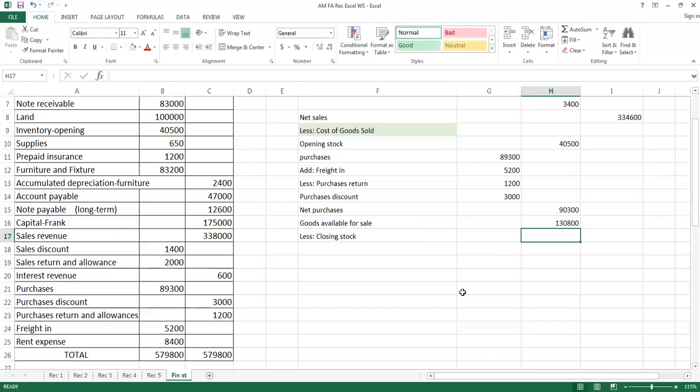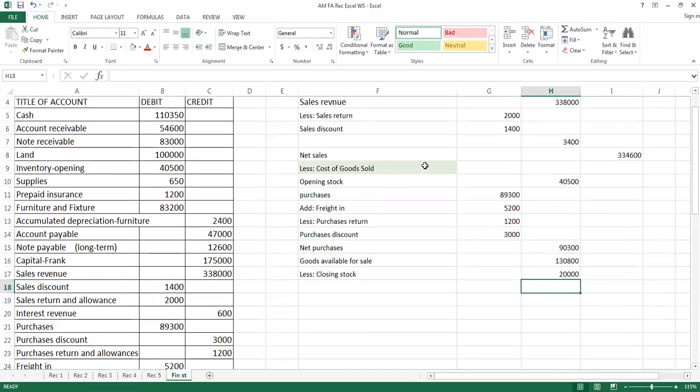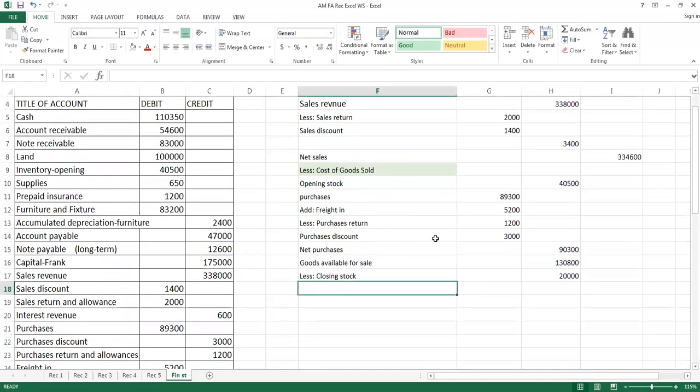Remember, closing stock generally is not given in the trial balance. That will appear in advanced concepts. In your questions, whenever you are interested to find out closing stock, come to the adjustment data and see what inventory is given. So this inventory at the end of the year is 20,000. This inventory will be used over here. And now this will give you cost of goods sold.